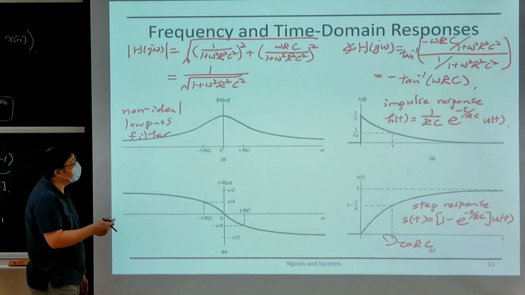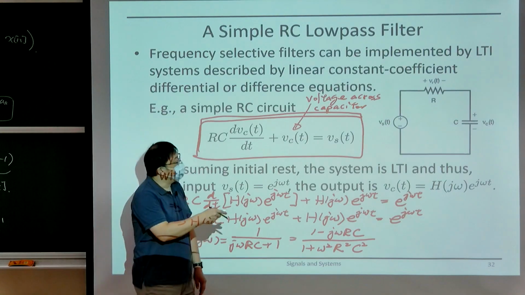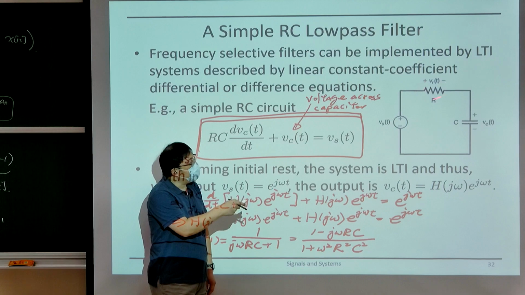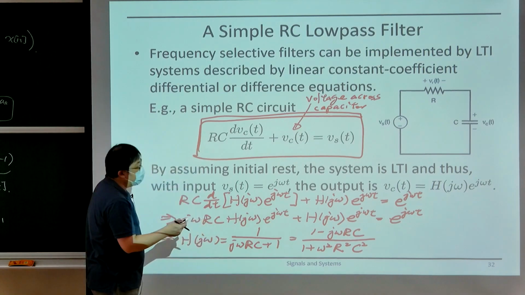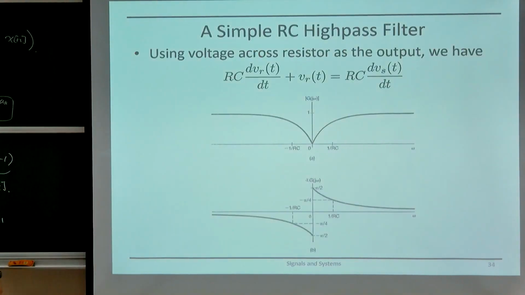So if you instead look at this voltage as the output, then what you have is a system with a response that looks like this, right? So it passes through frequency components in a high-pass band and suppresses the low frequency components, okay?